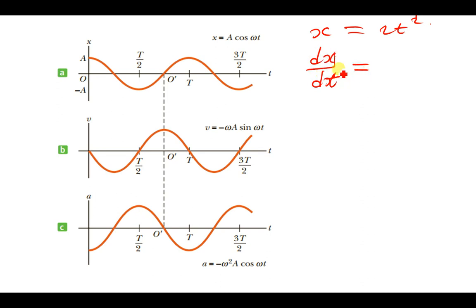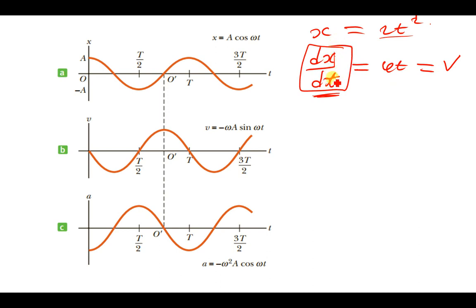So the change in x with respect to time, when you find the derivative of this, will just be 4t. So this 4t, we know that the change of displacement with respect to time is simply the same as velocity. So when you find dx dt, the answer that you get is the velocity.